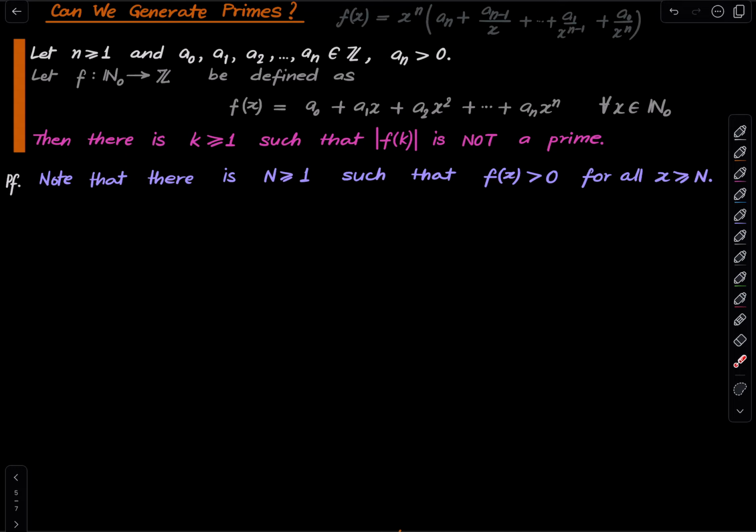So we want to show that there is some k for which f(k) is not a prime. To do that, first let t be some natural number such that f(t) is greater than 1. This is what I wrote here, not exactly what I wrote there, but I justified it here. So there is some positive t for which this will happen.